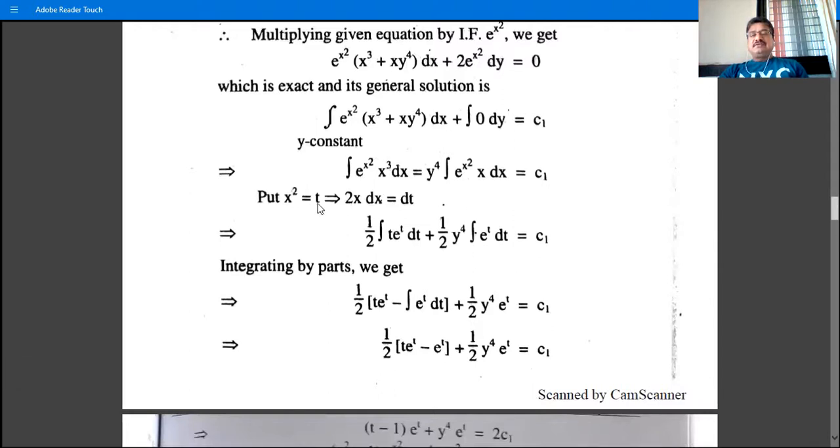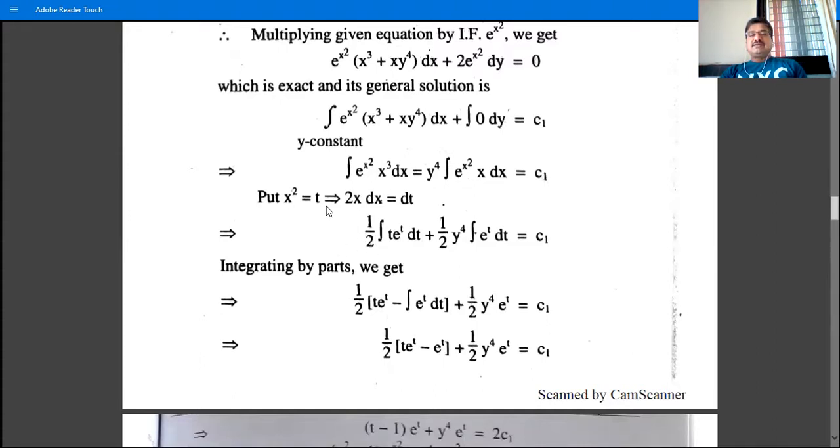Substitute x square equal to t, so twice x dx is dt, which means x dx is dt by 2. So we have e raised to t, and factorize this x cube as x square into x, where x square is t and x dx is 1 by 2 dt. So we have 1 by 2 integration of t e raised to t dt. Take 1 by 2 as a constant outside the integration.